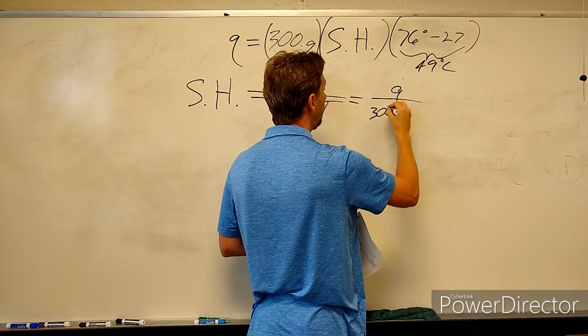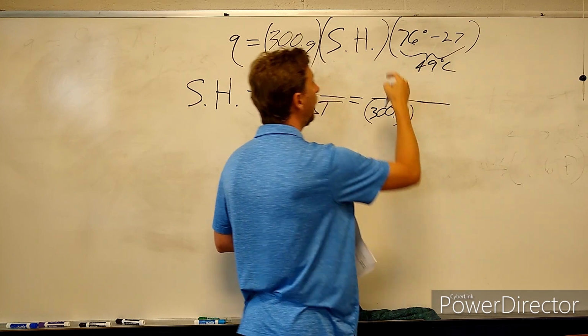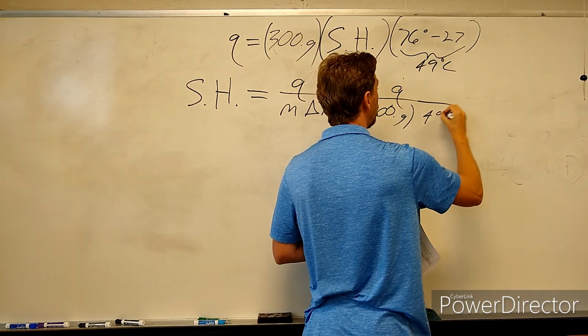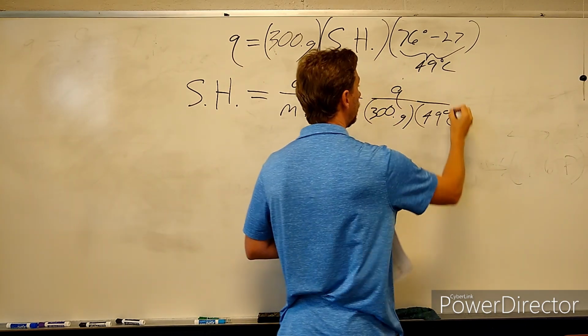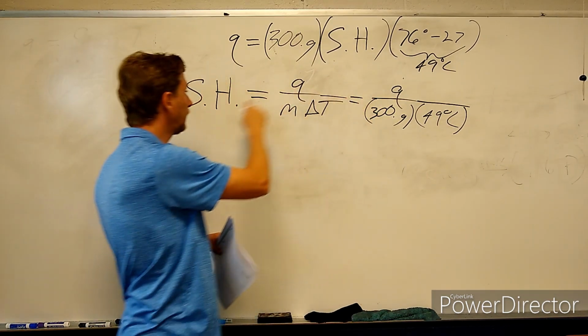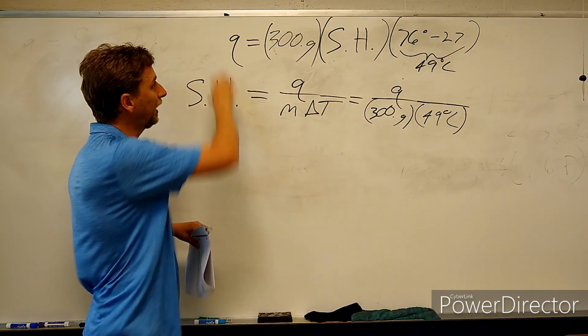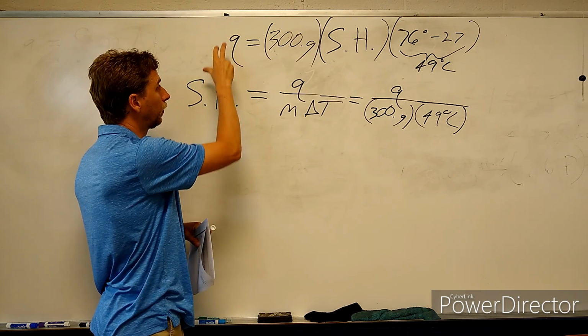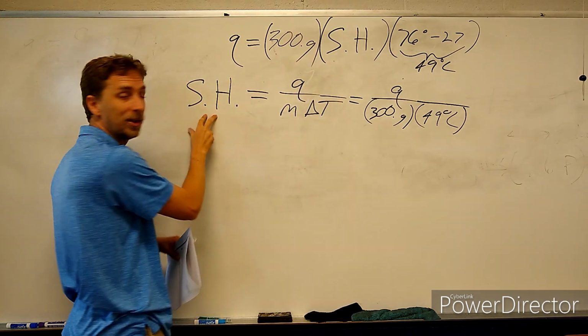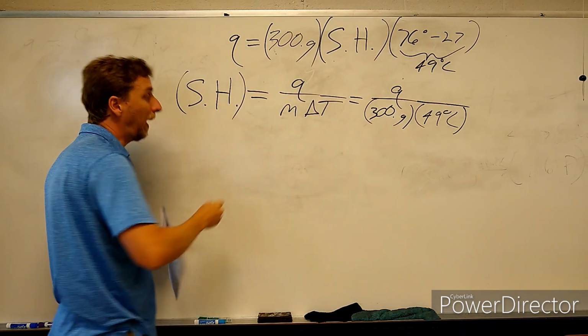We'll put 300 down here, 300 grams. And we know what the temperature change is. It's 49 degrees Celsius, but we don't know what Q is. If we can figure out what Q is, then we can calculate the specific heat of the glass. All I did was take this top equation and solve for SH, the specific heat. That's very simple math right there.